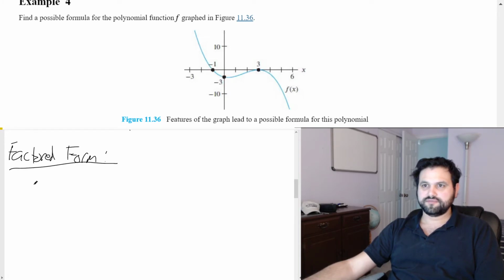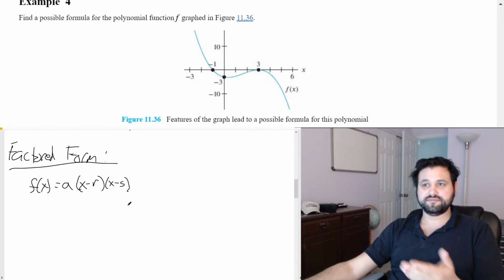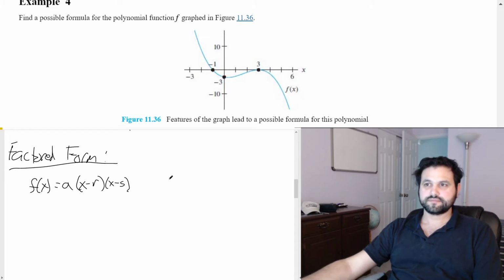If we have a function f of x in factored form, it's going to be a leading coefficient a, and that's the important part, and then all of your little different factors, like x minus r, x minus s, right? That's actually what we use for quadratic functions. If I stopped there, we would have a quadratic function.